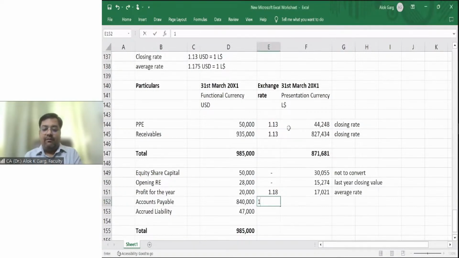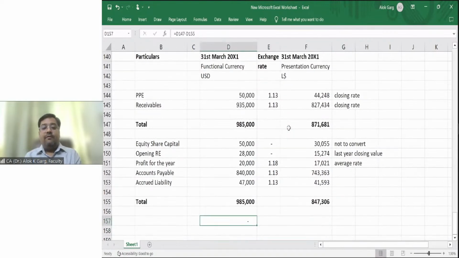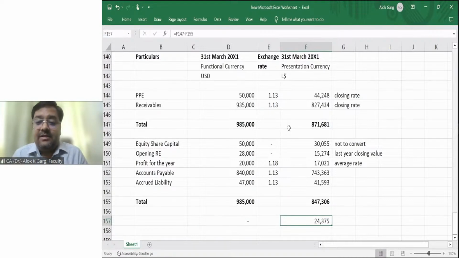What is my closing rate? 1.13. Right. This divided by this. Your total is 847,306. Your balance sheet was tallied in functional currency, but your balance sheet is out in presentation currency. Why is it out? Can you tell me?